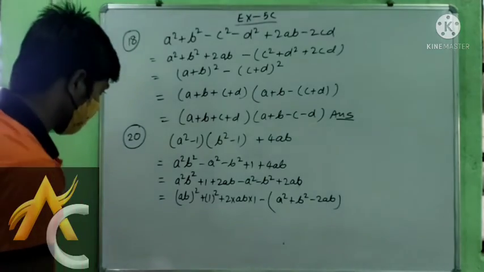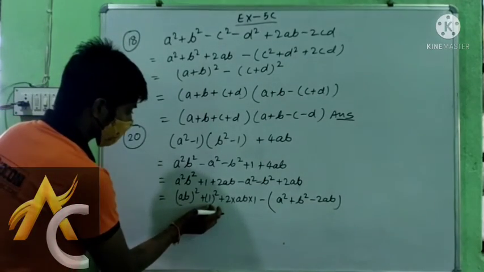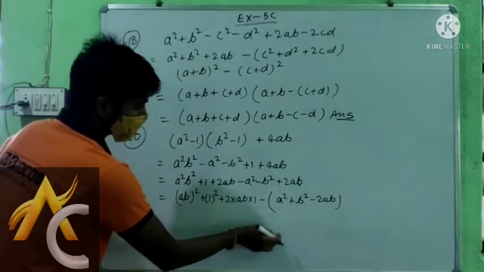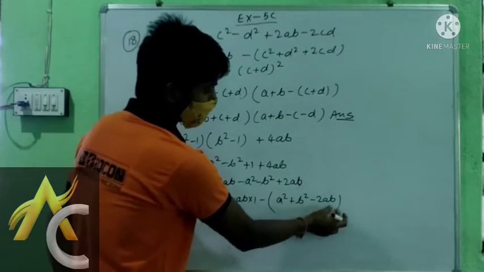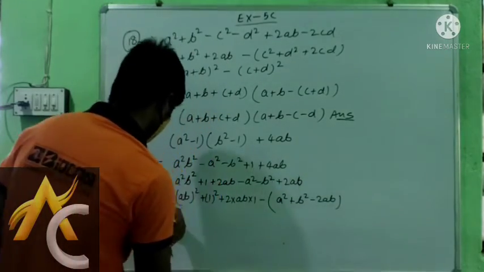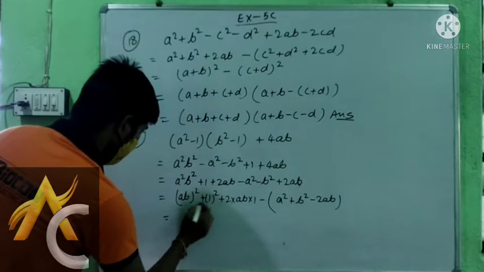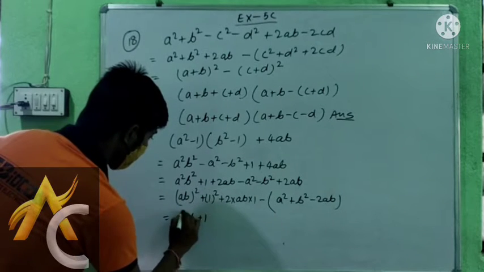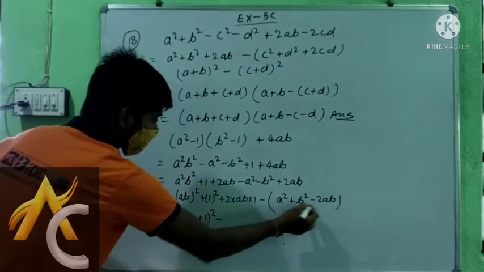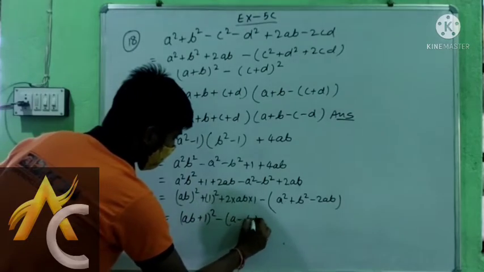All right, now this is in the form of a square plus b square plus 2ab, as well as this is in the form of a square plus b square minus 2ab. Hence it will be ab plus 1 whole square minus a minus b whole square.